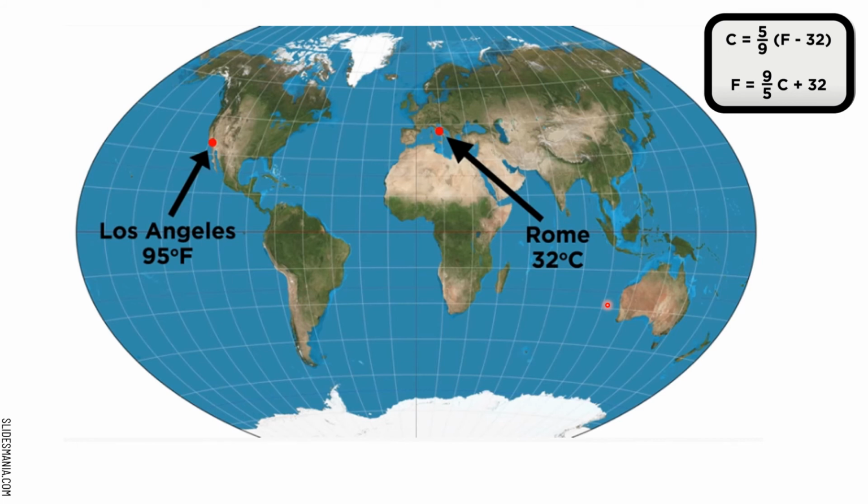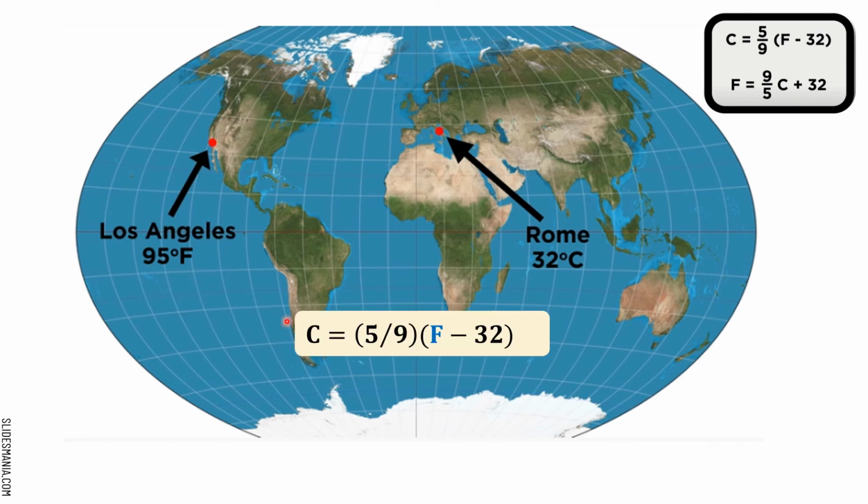It's up to you whether to convert Fahrenheit to Celsius or Celsius to Fahrenheit. For this one, I convert 95 degrees Fahrenheit into Celsius. So I use this equation: C is equal to 5 over 9 times F minus 32.